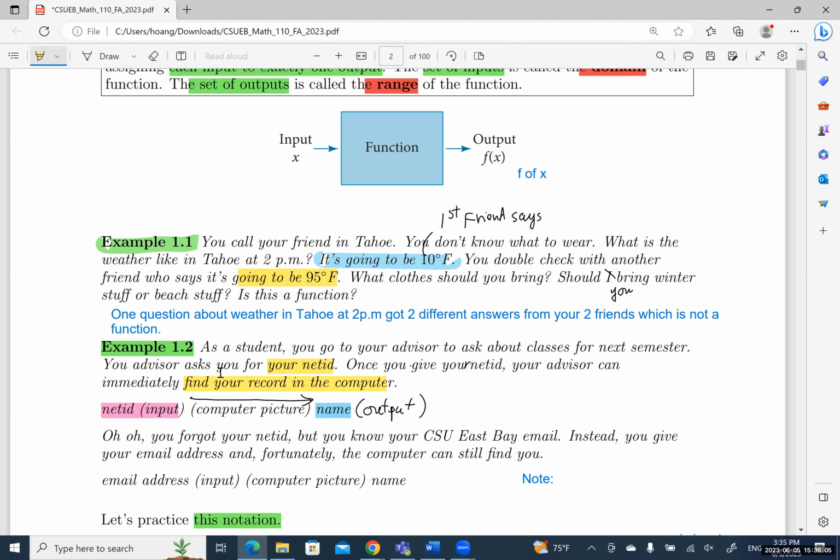So the net ID is the input, and the computer, according to the net ID, will give the name and the record as the output. So this is a function.